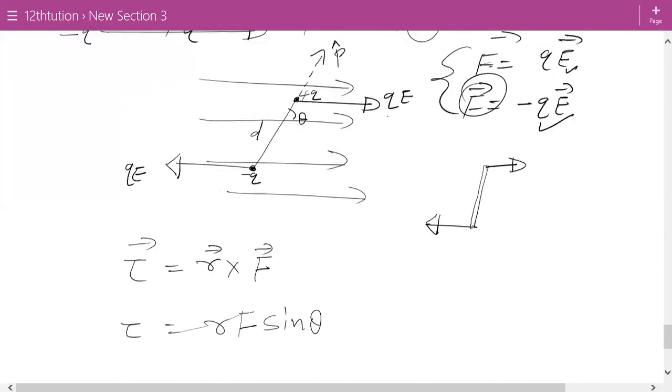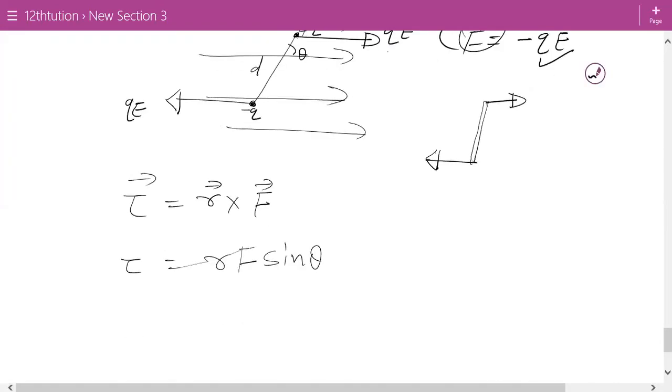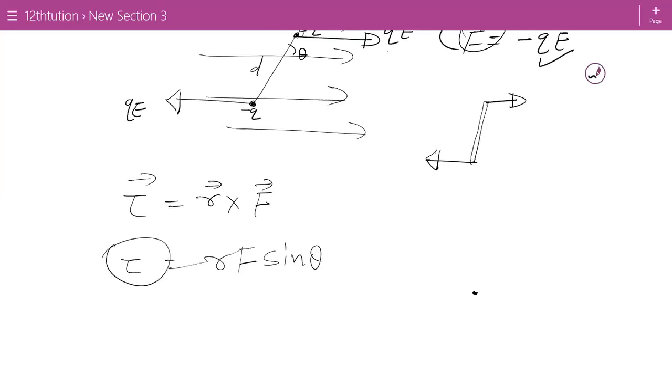Force and radial distance, for example. The n cap I removed because it is just the magnitude. That is the vector. The direction n cap you can find by using your right hand thumb rule. Put your fingers in the direction of R and then curl them in the direction of F. Your thumb will tell you the direction of the cross product, or torque.